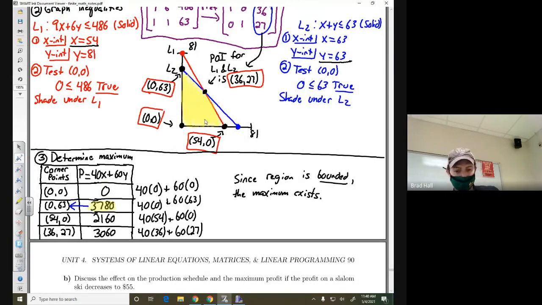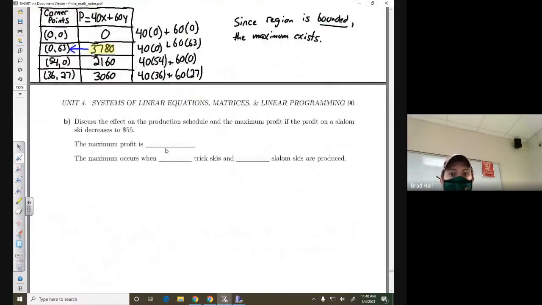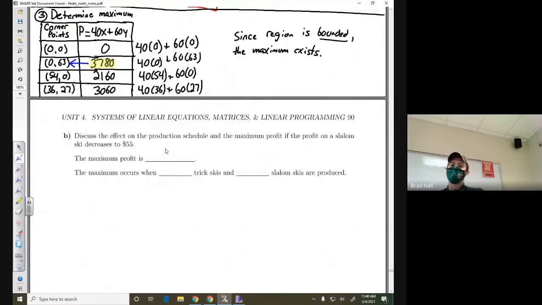If not, part B is fairly similar. In fact, it's not a whole different problem. What it says is what happens to your maximum profit if you decrease the second ski to $55.